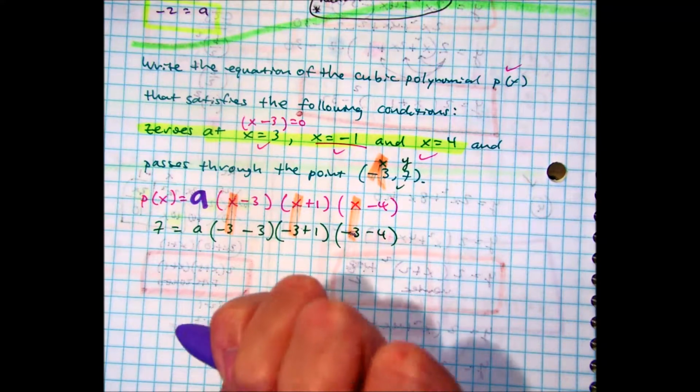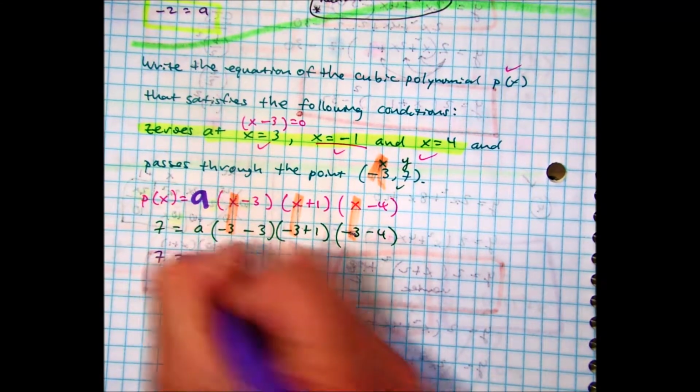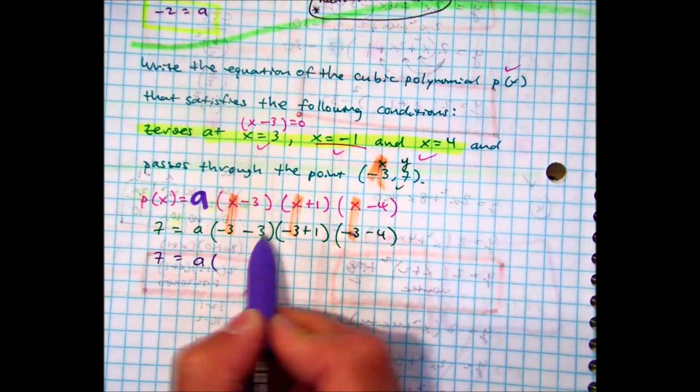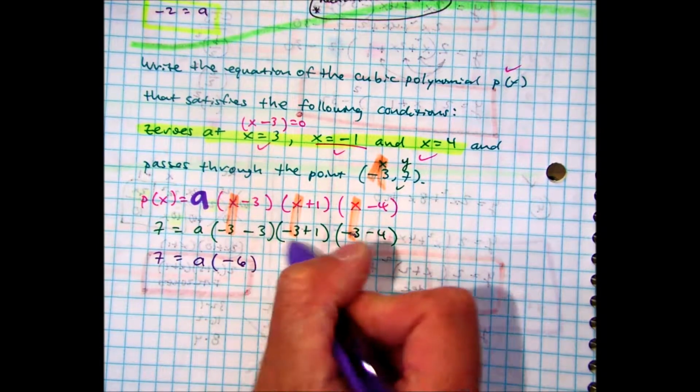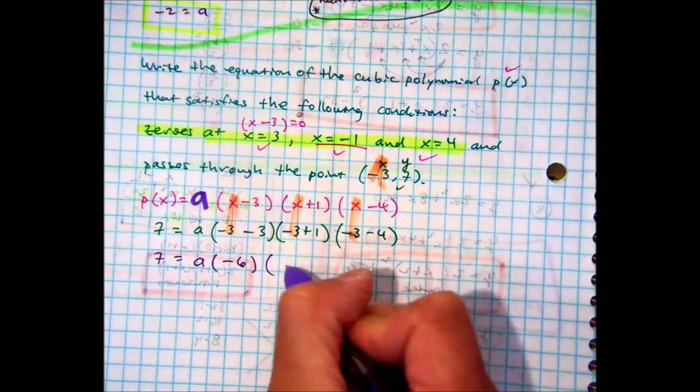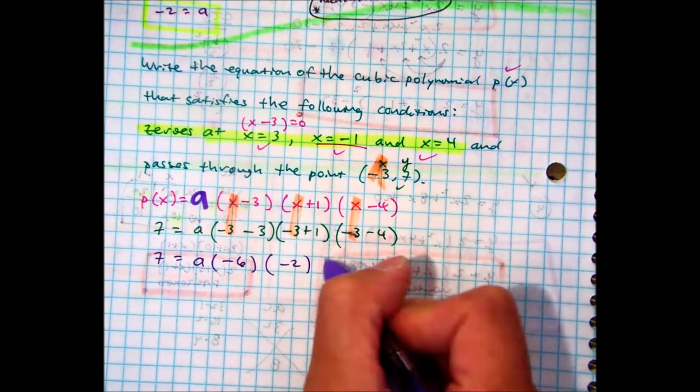And then we just go back and simplify. 7 equals a times -3 minus 3. -3 plus 1. And -3 minus 4.